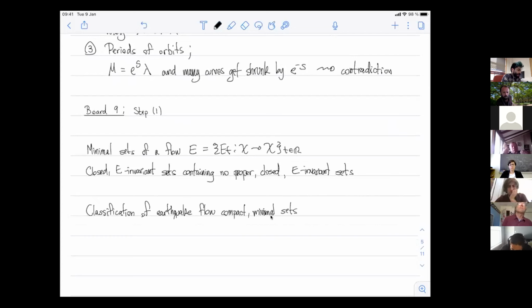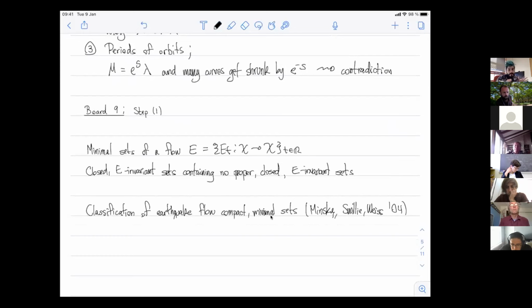This goes back to work of Minsky, Smillie, and Weiss from 2004. And we need a very weak version of this classification.